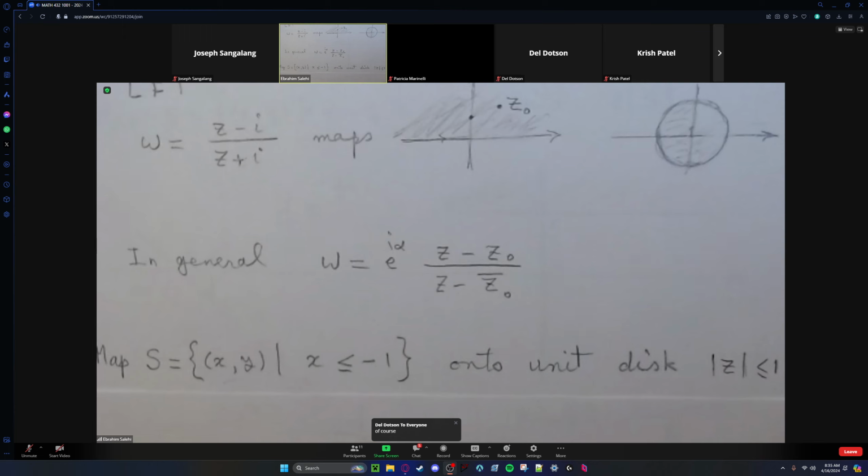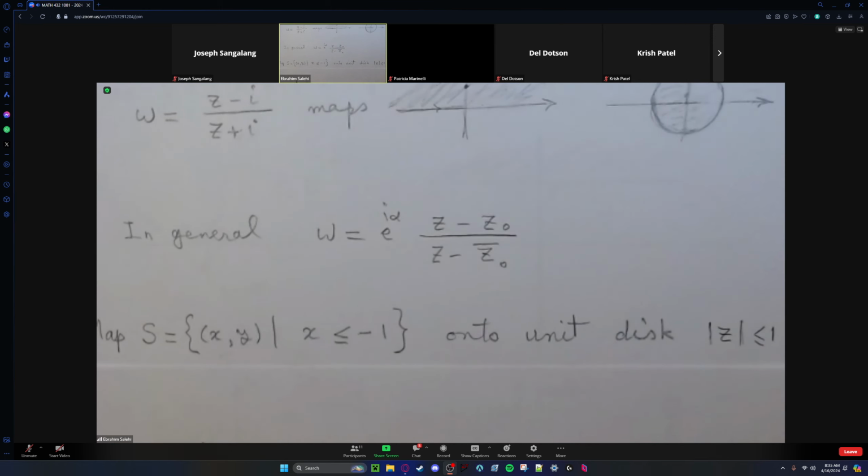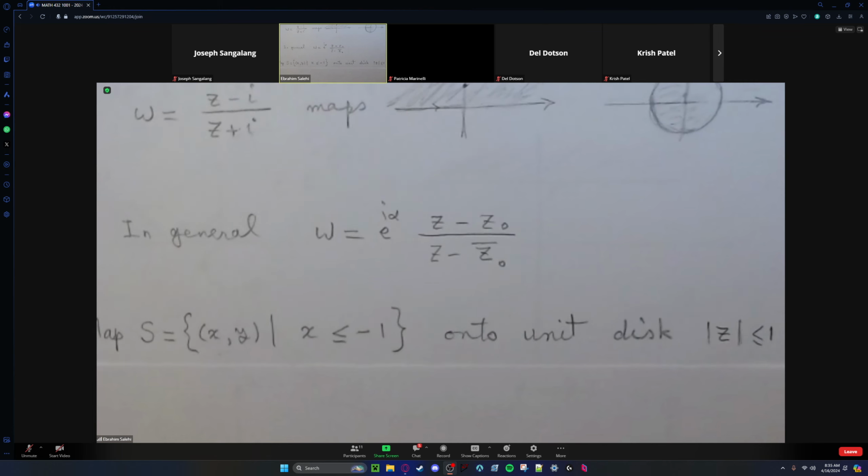So here is a set. This is how the problems in this chapter look. They will give you a set, a portion of the XY plane, right?